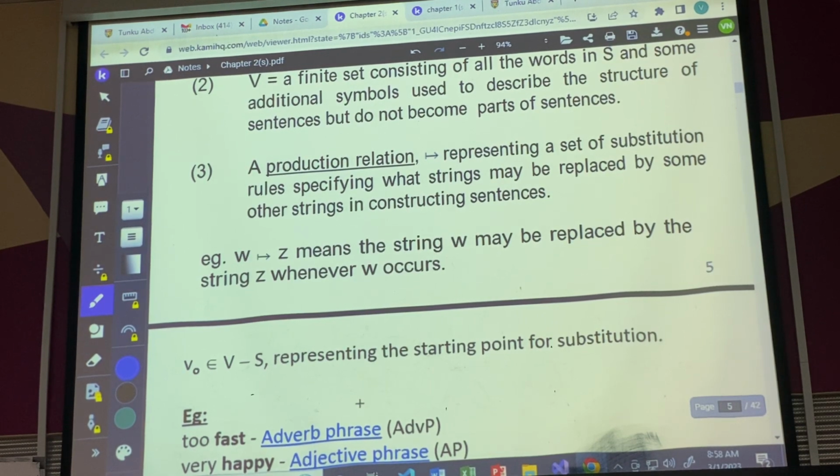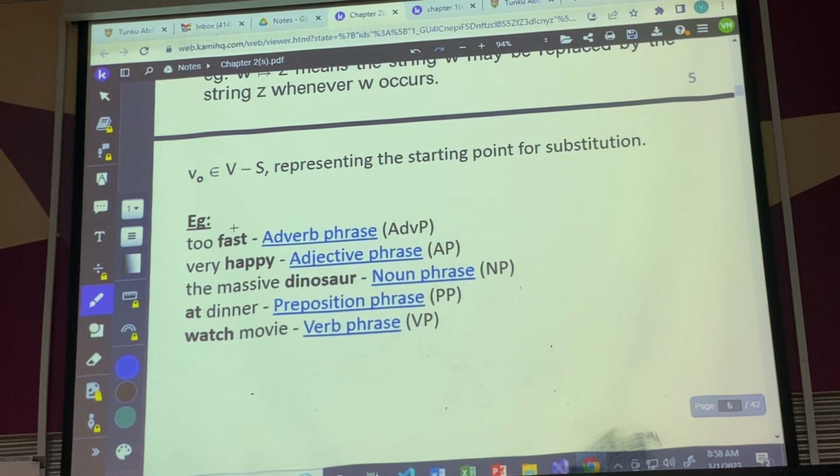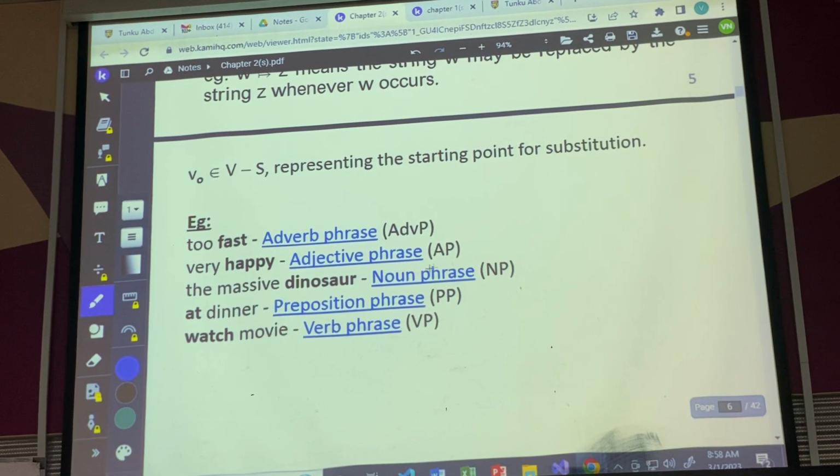So here you have the example. For the adverb phrase, you have too fast. This one means that you describe the verb. Adverb is the word that we use to describe the verb. So too fast is adverb. Very happy, adjective. And then the massive dinosaur is noun phrase. This one, dinosaur, is noun. At dinner, preposition.